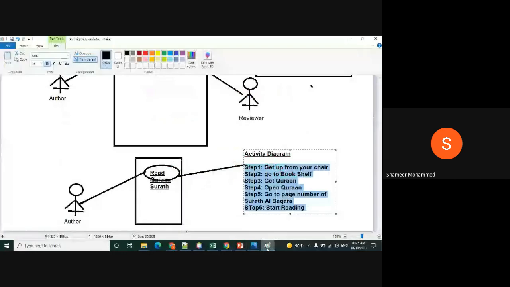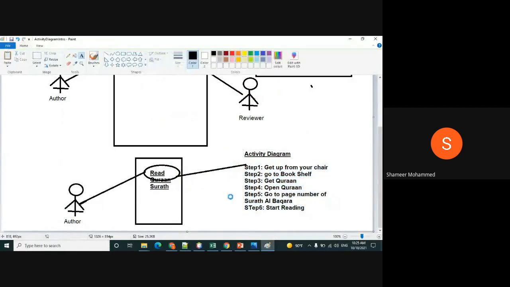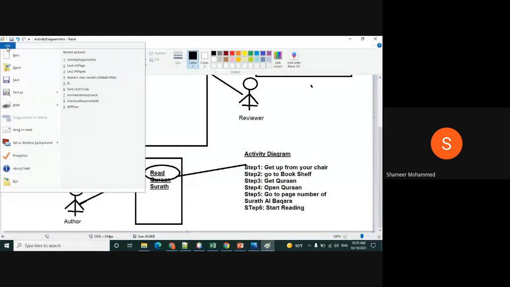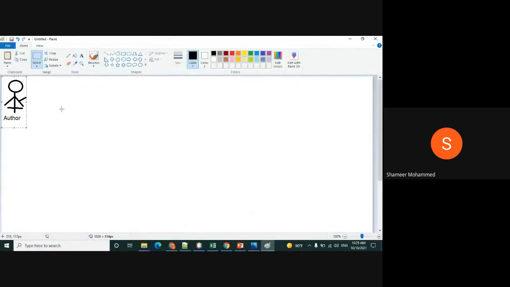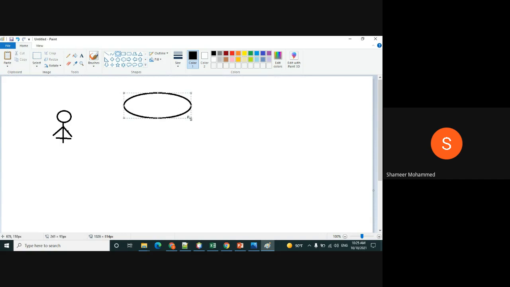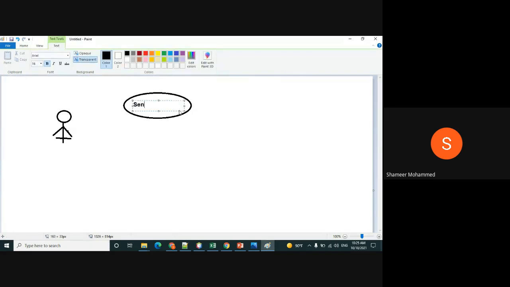For example, you have a use case: send money to your friend.